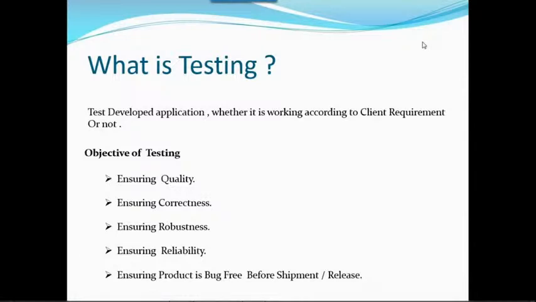But we cannot say to the client that you will not get a single bug after launch. We cannot promise that because we don't know what kind of issues will come. In real-time use of the application, we will definitely get some issues, no doubt at all. Is it clear?